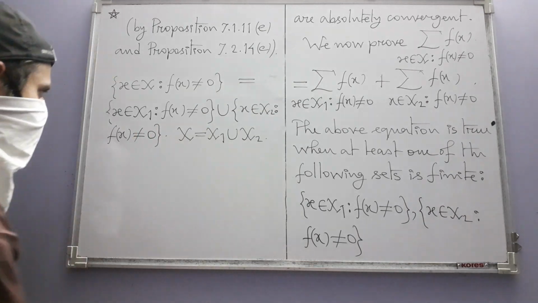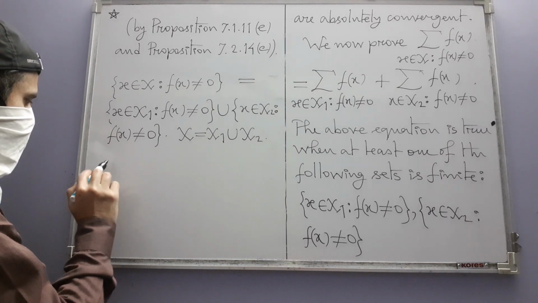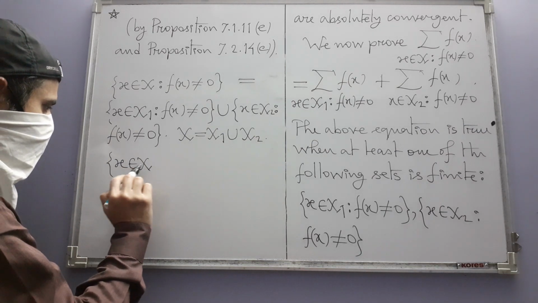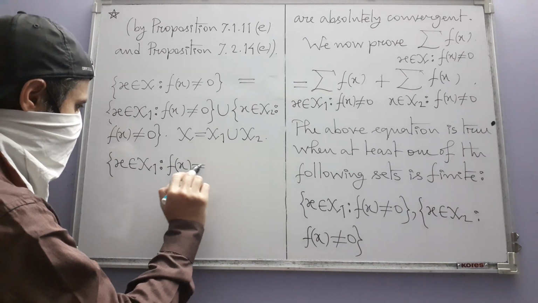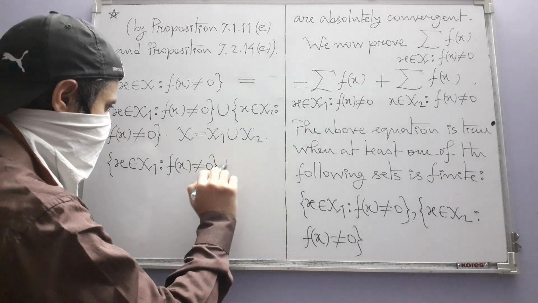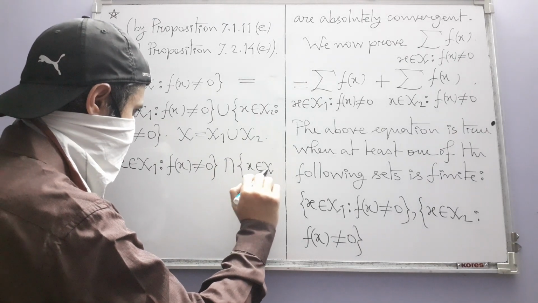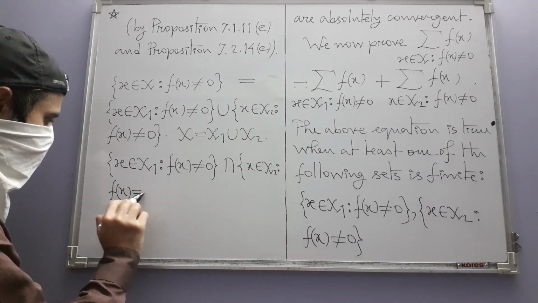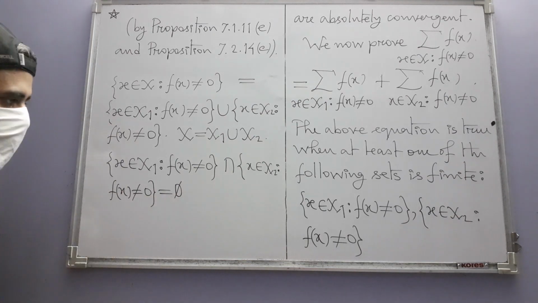And keep one more thing in mind, that just like their union is this set, their intersection X1 and X2 is still empty.